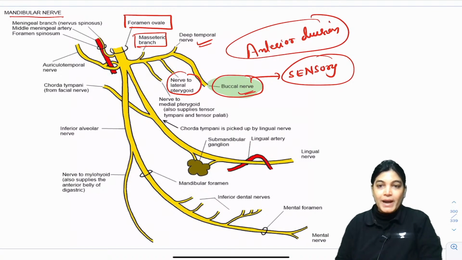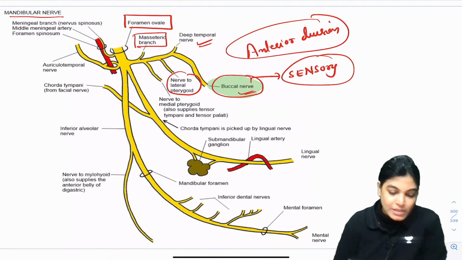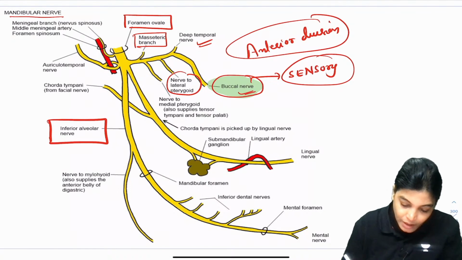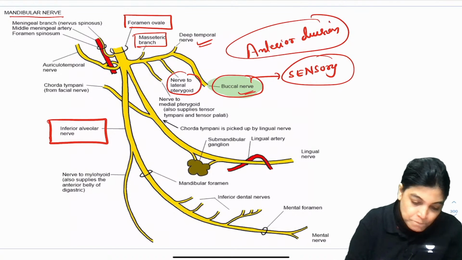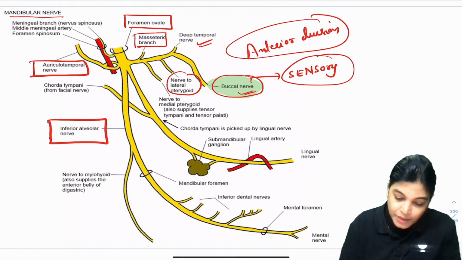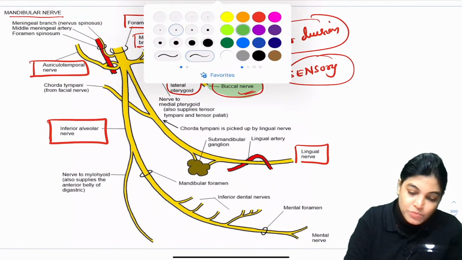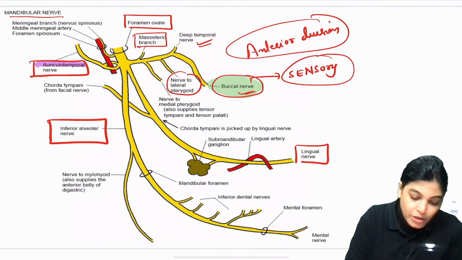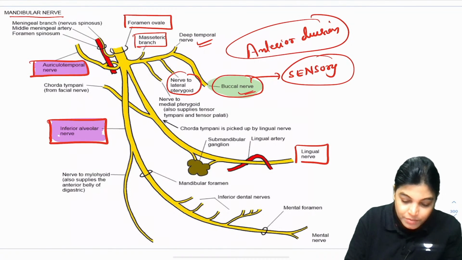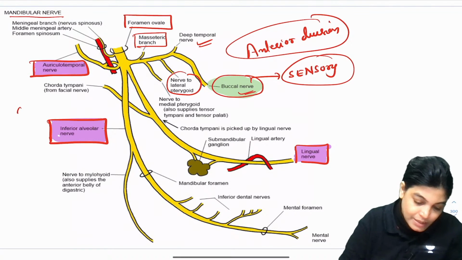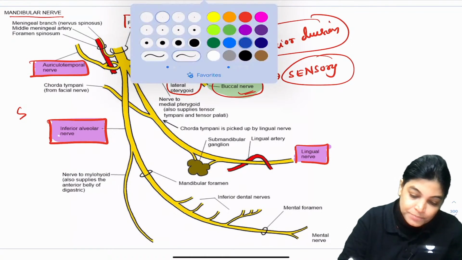Now let's talk about the branches of the posterior division. We have the inferior alveolar nerve, the auriculotemporal nerve, and the lingual nerve. All these nerves are mainly sensory.